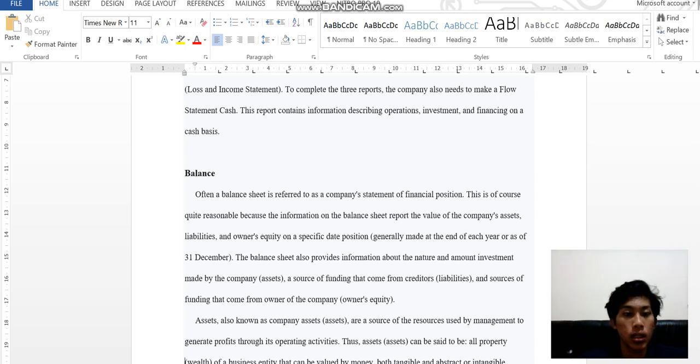Next, the balance sheet is referred to as a company's statement of financial position. This is quite reasonable because the balance sheet reports the value of the company's assets, liabilities, and owner's equity at a specific position, generally made at the end of each year or as of 31 December.